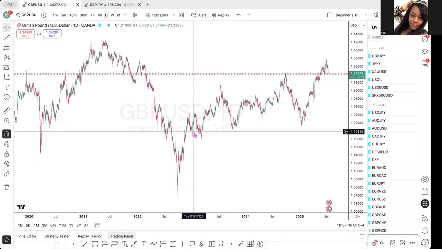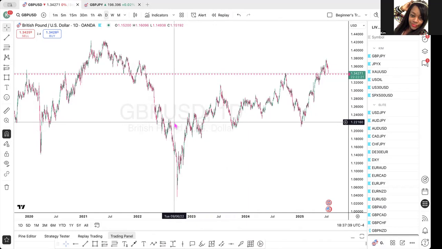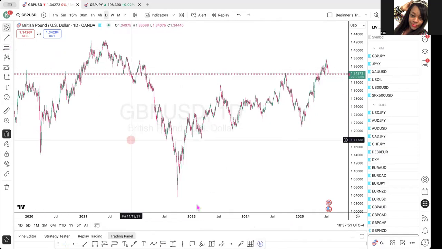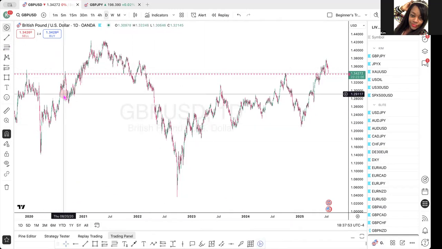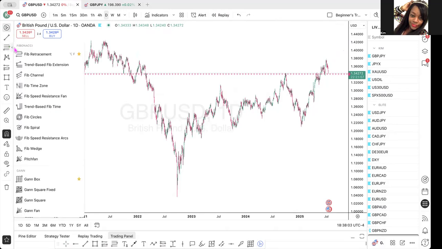First things first, open TradingView and come over here to where the fib retracement tools are. Click on the arrow here and select fib retracement.